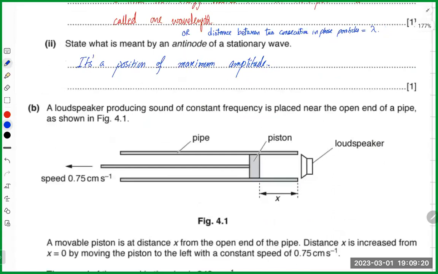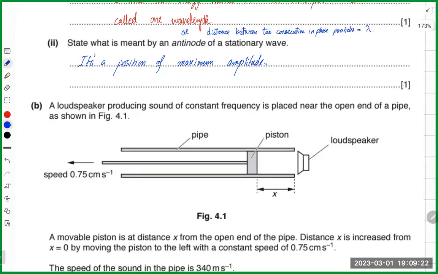Now, a loudspeaker is producing sound of a constant frequency. So one single frequency sound is produced by the loudspeaker in a pipe. Okay, we were changing the air column using water level. Can we change it using a piston, as in this diagram, by moving the piston outward or towards the loudspeaker? We can change the air column in the pipe, and that can also help us to establish a stationary wave.